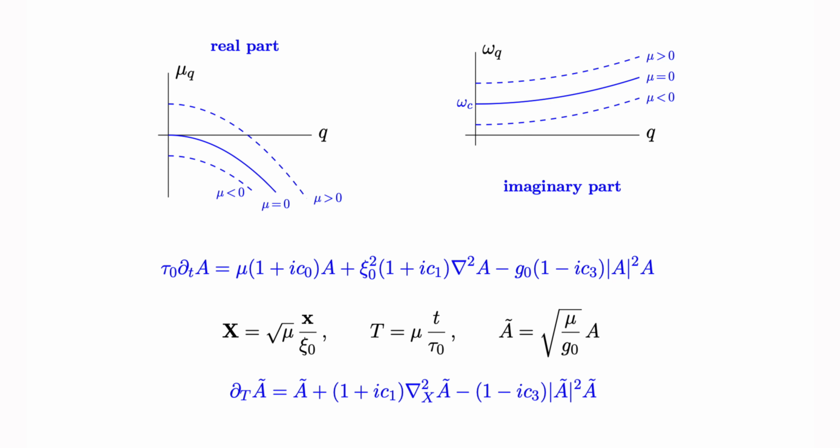And then we said there is a certain range of parameters where you have unstable modes. For mu larger than 0, you have this band of unstable modes that gives rise to patterns, and we wanted to know what kind of patterns we get.